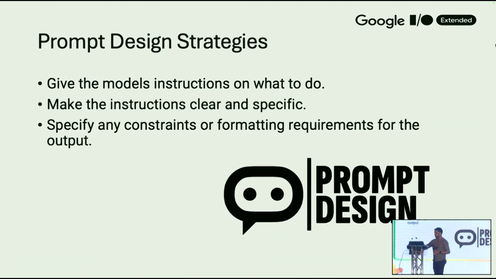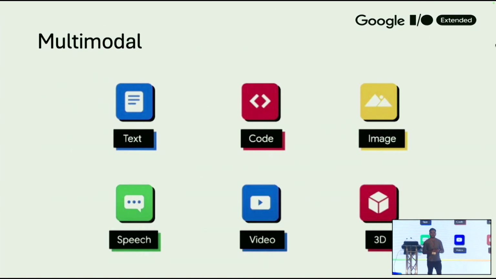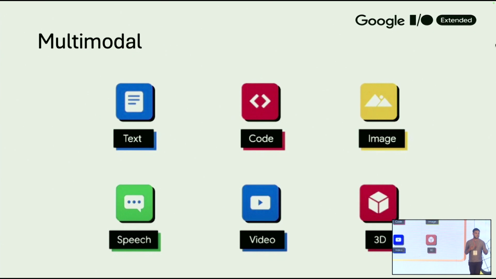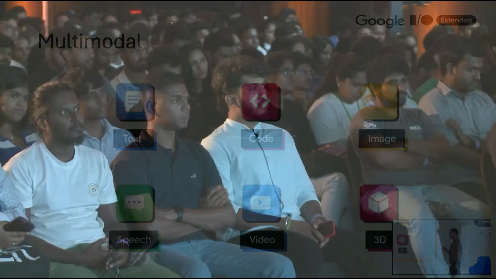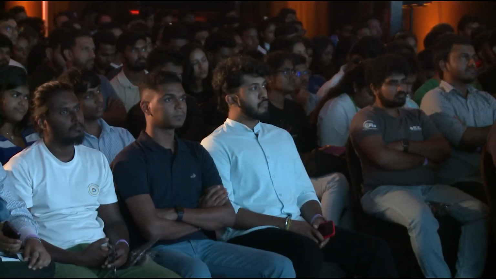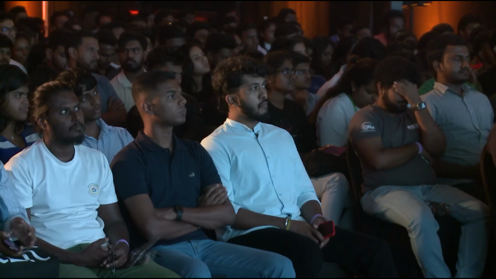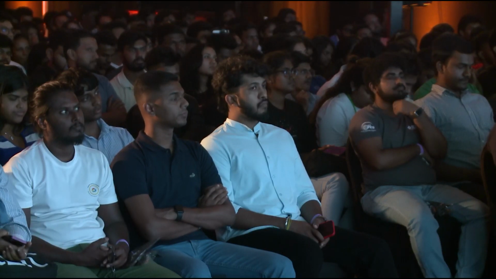So here, we are going to use a multimodal prompt. I think you have heard this multimodal word before. So what is this multimodal? Multimodal means not only text, you can use images, videos, code, speeches, 3D objects in the prompt. And you can generate an output, even a multimodal one.